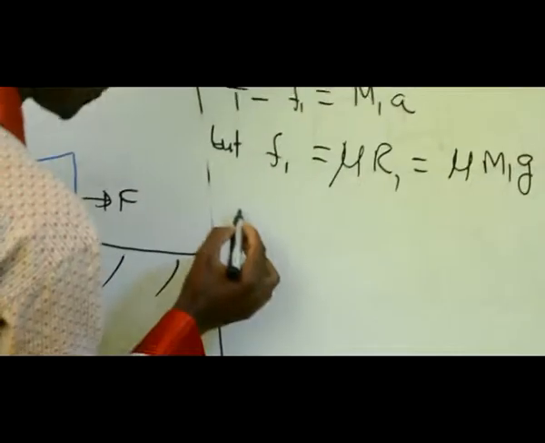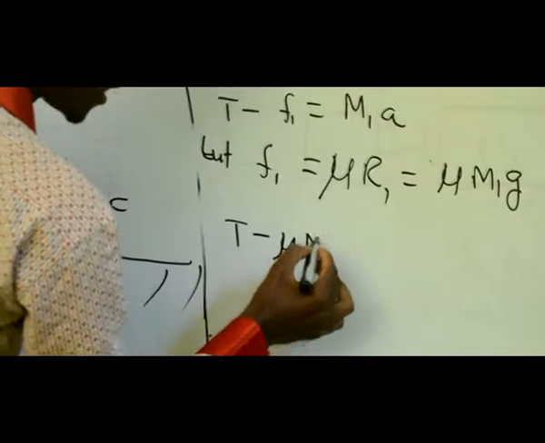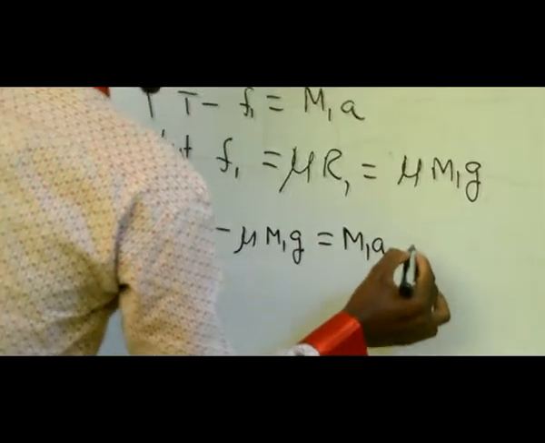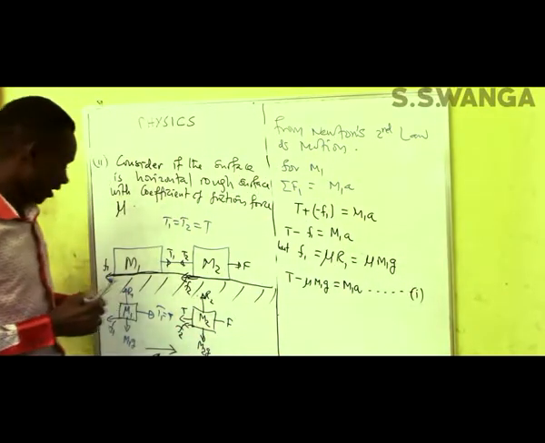Now this equation becomes T minus mu m1 g equals m1 a. Now call this the first equation.